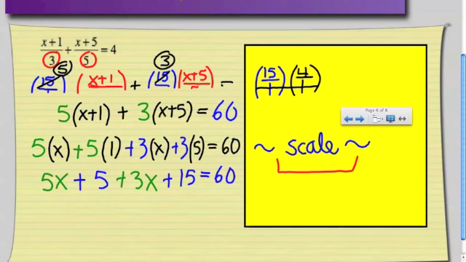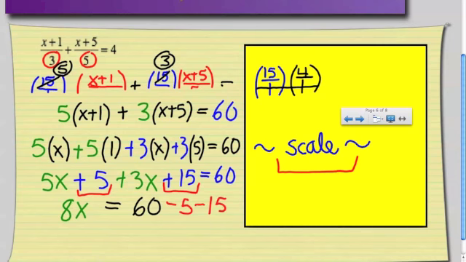Do I have to move any of my variables to the other side? No, because 5x, 3x, they're all together. So I just have to combine it to 8x, and nothing has to move over to the other side. All those variables can be combined. There is a 60 on the right-hand side. I do have to transpose my positive 5 and my positive 15, turn them into negative numbers.